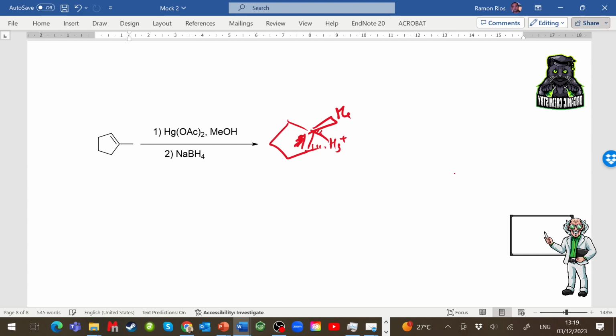And then the solvent, in this case the methanol, will open the three-membered ring of the mercurinium at the most substituted position, because it's the position that better stabilizes a positive charge. That means that what we will have is this. Remember, we have an inversion.